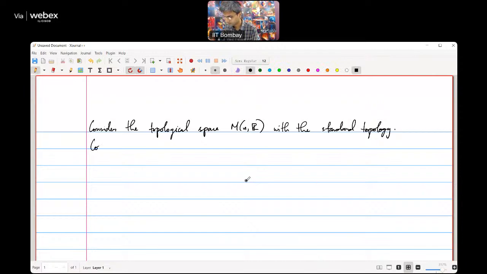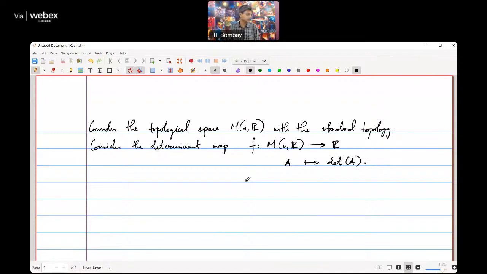And consider the determinant map. I'll denote it by F. So this map is A goes to determinant of A. And the question was, is F an open map?